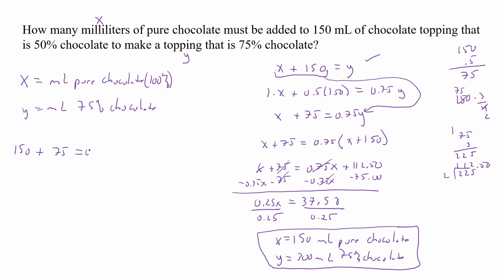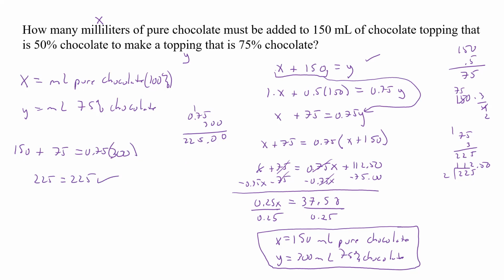And does that equal 0.75 times 300? Well, 0.75 times 300 is going to be 225, and 150 plus 75 is 225 as well. And so it works, and so that is the correct solution for this problem.